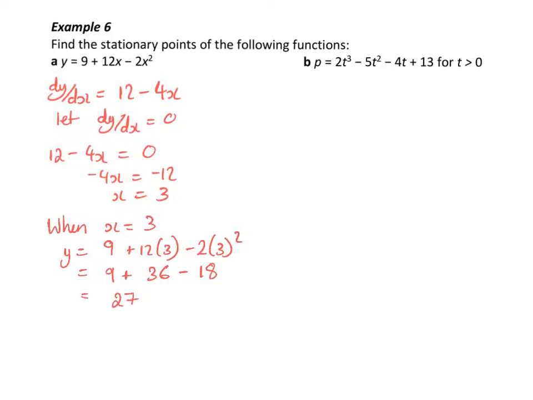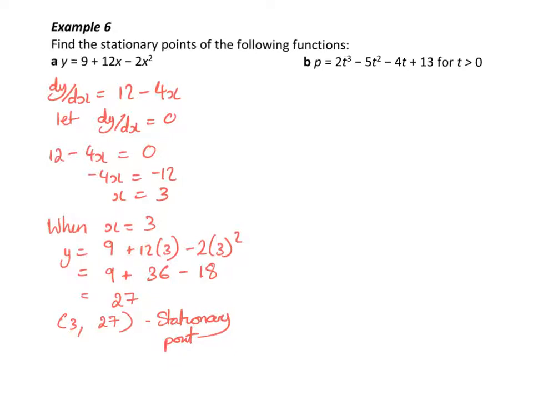So the coordinate there, when x is 3, y is 27. And that is our stationary point. So there is only one stationary point in that quadratic, which is what you would expect. Let's try the next one.